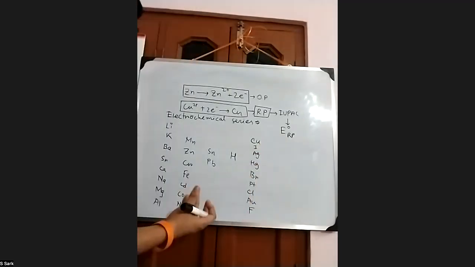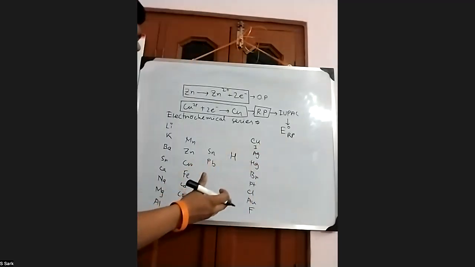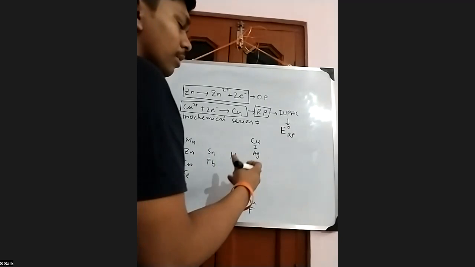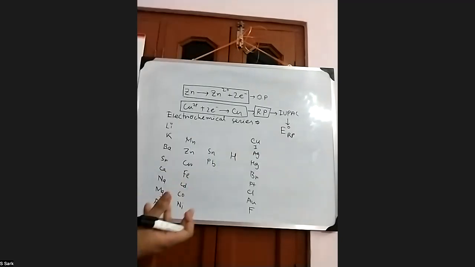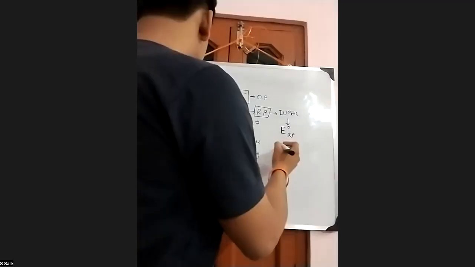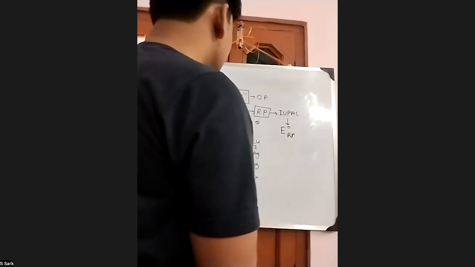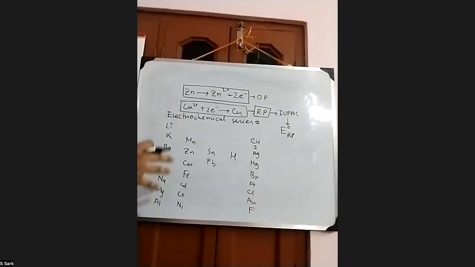This will be told by the electrochemical series, and this is its main application, by which we know whether a reaction is feasible or not. If we take a certain metal, we know how reactive it is, or if we take two metals, we have to know who can reduce whom. So this type of concept can be known from the electrochemical series.